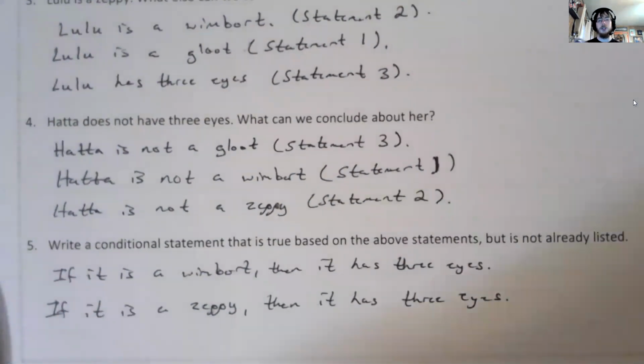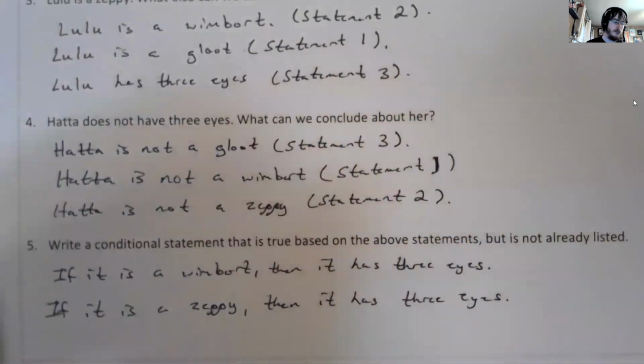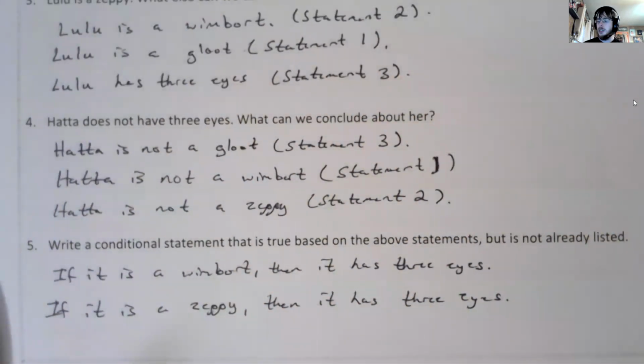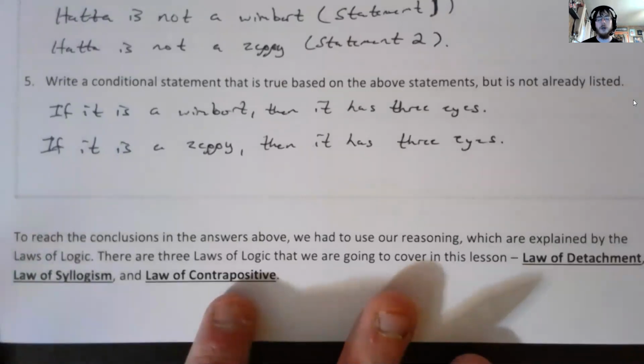And I'm going to tell you, we just used the laws of logic. So if you've been answering along as we go along, you just used the laws of logic. Congratulations. Okay. There are 3 laws of logic that we are going to talk about and mention. The first 2, the law of detachment and the law of syllogism, are the ones we're going to focus on.